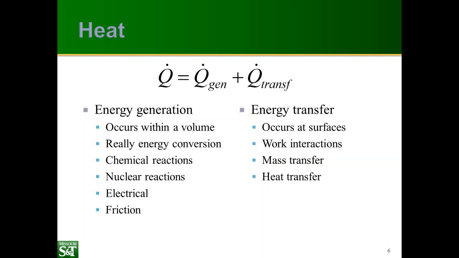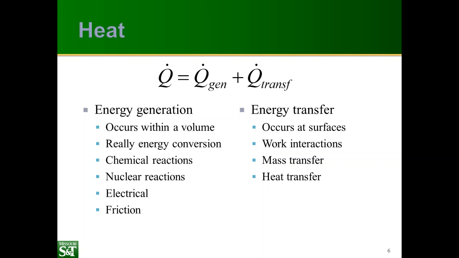We can also have nuclear reactions, decay, fission, etc., or electrical energy, resistance heating, friction can generate heat energy. Typically, we express it on a per unit volume basis. So we can do watts per cubic meter, or we can express it per unit mass, watts per kilogram of mass in our system.